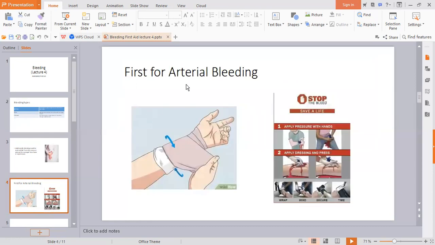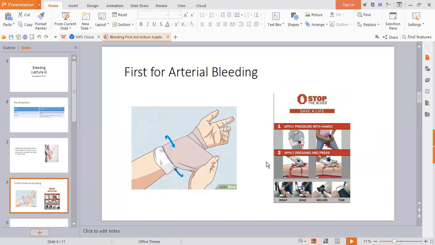First aid for arterial bleeding involves wrapping a cloth or any strip around the wound area, and you can apply pressure either with hands or with any towel or cloth.